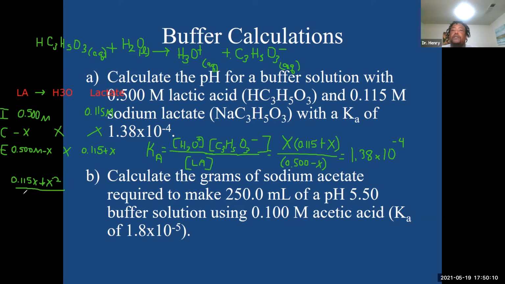Actually, we'll just go ahead and do the multiplication on the other side. 1.38 times 10 to the -4 times 0.500 minus x.